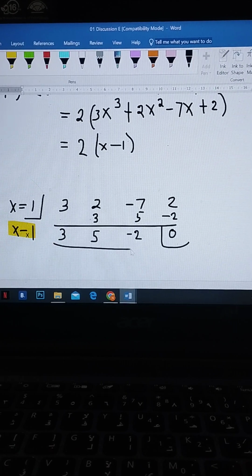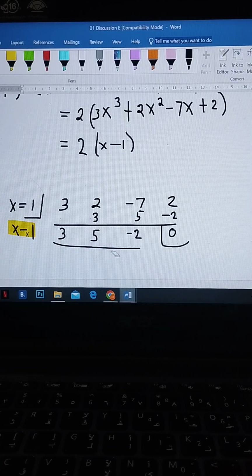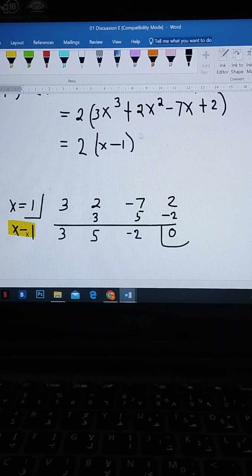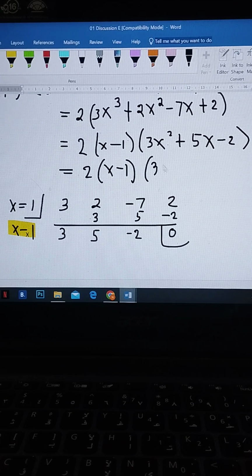Then this one is the quadratic 3x squared plus 5x minus 2. 3x squared plus 5x minus 2 equals x minus 1 times 3x times x.